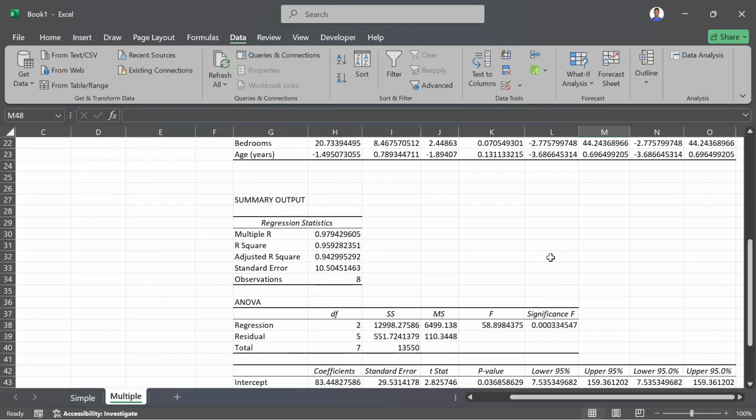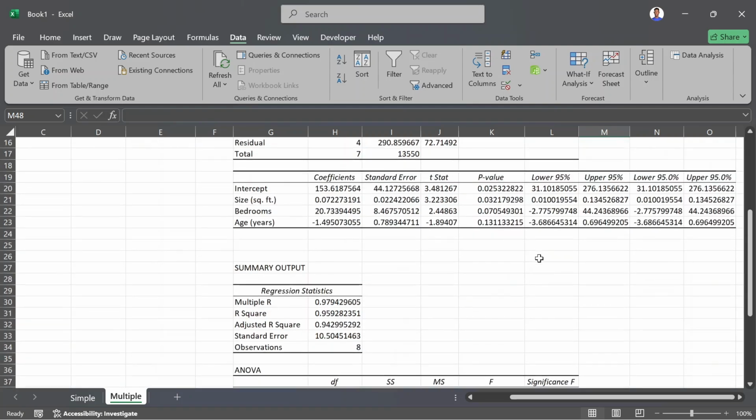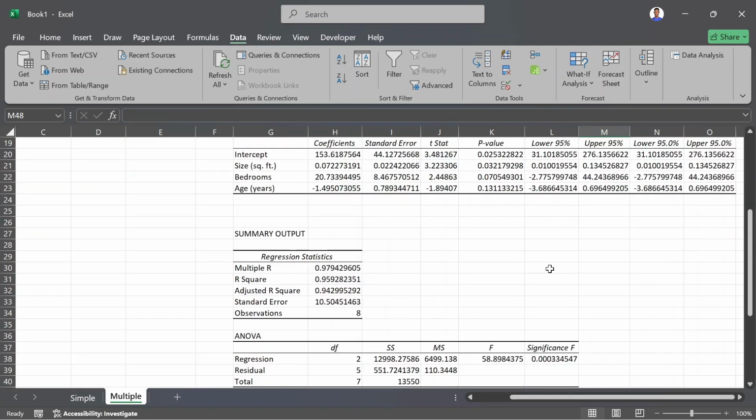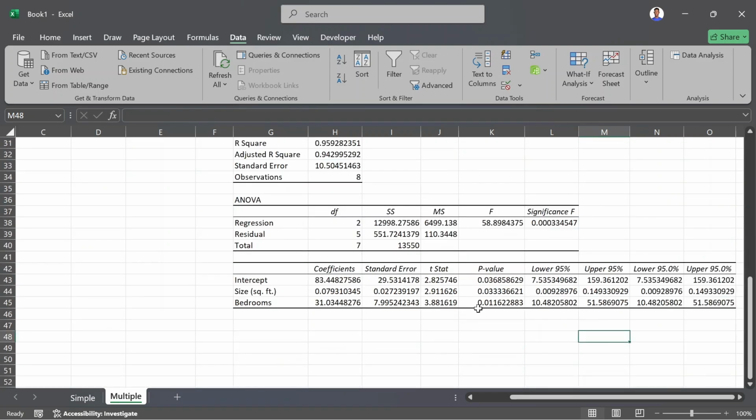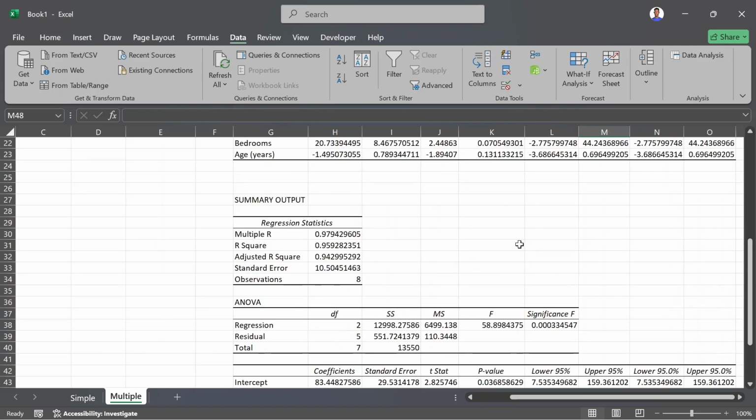But if you compare the two of them, you can see this one is actually going to predict better. It will give us a better prediction compared to the other one. So that is the difference between the two of them.